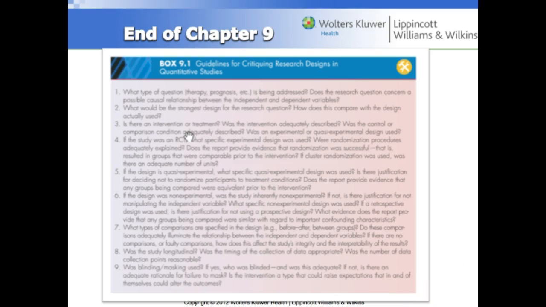Like if you are looking for a randomized control trial and you want to see how one of those is written up. If you're looking for a quasi-experimental where they were not able to randomize the participants into the two groups, or if it was a non-experimental where you weren't really manipulating an independent variable, but there were two variables and you wanted to look at the correlation between them. So these are the kind of questions you may want to look at when you're looking at your study. So just kind of review that.